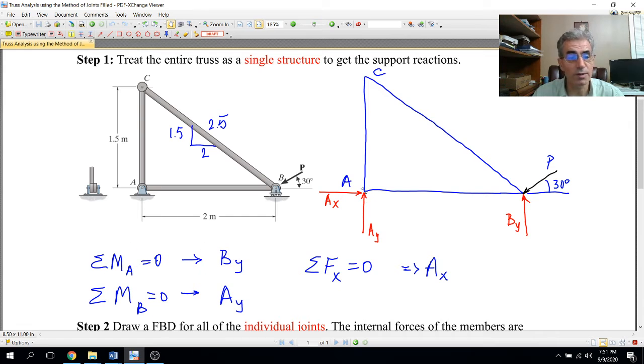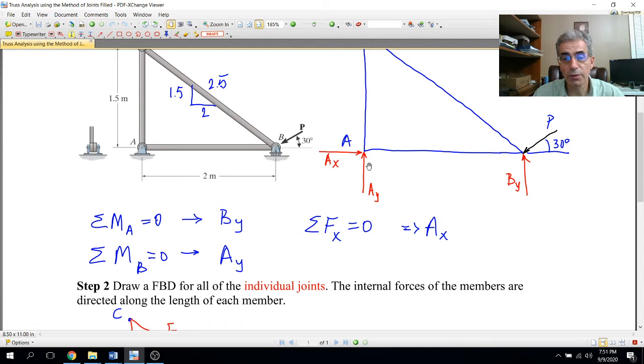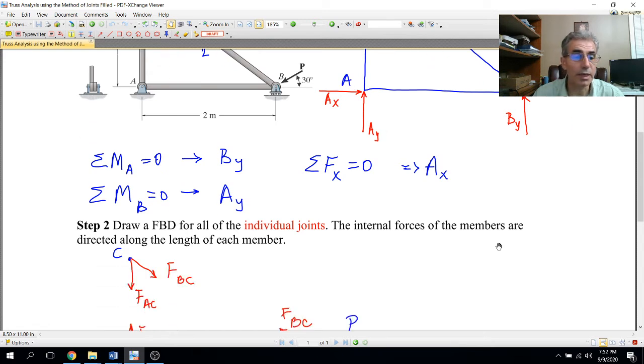One of the easiest is to start with the sum of forces around point A, and then we get By. If we do sum of forces along the x direction, we get Ax, and if we do sum of moments around point B, then we get Ay. So that's how we solve for these three support reactions.